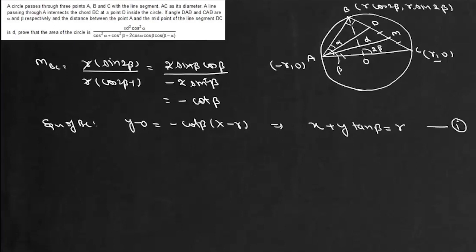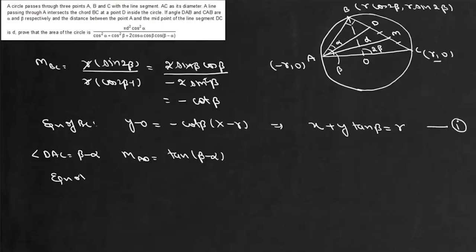Now we'll find equation of AD. Now this angle DAC, it is beta minus alpha. So slope of this line AD will be simply tan beta minus alpha, and once we have this point and slope, we can write the equation.